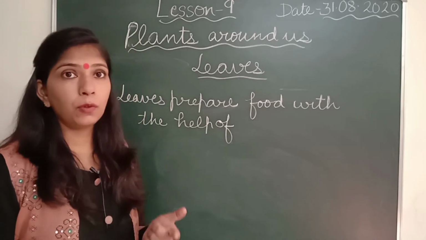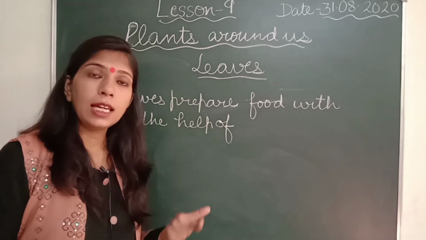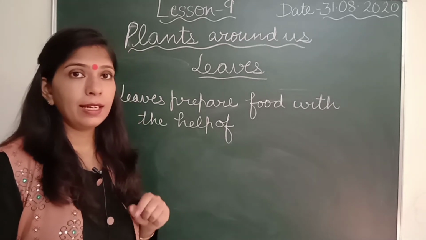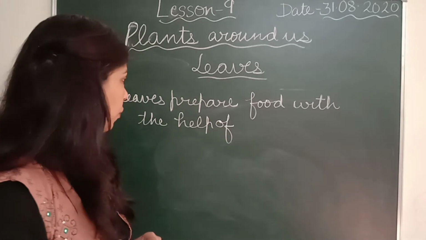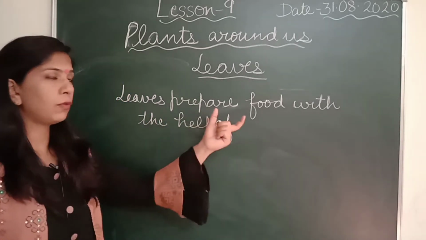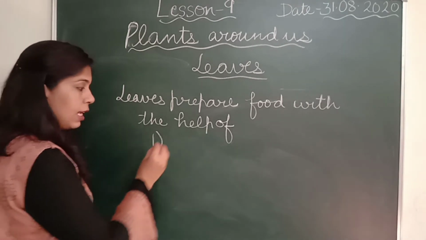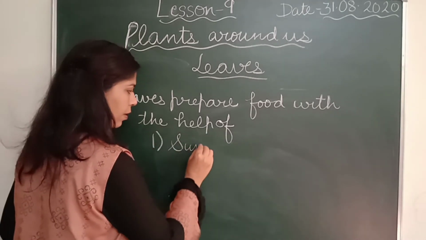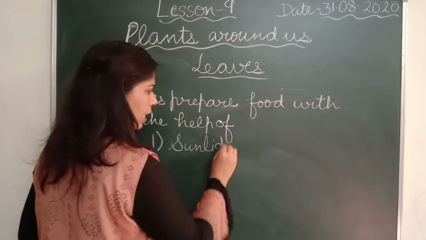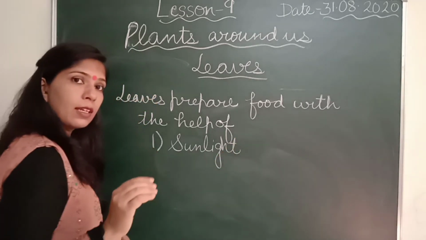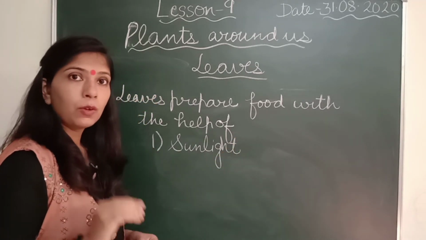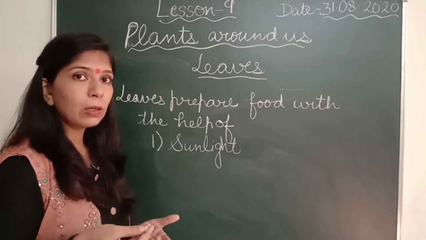And leaves are also called the kitchen of the plant, right? Plants prepare their food in their leaves. Now let's see how they prepare their food. Leaves prepare food with the help of, first requirement, sunlight. Let's say your mother is cooking food. What is required? Heat is required.